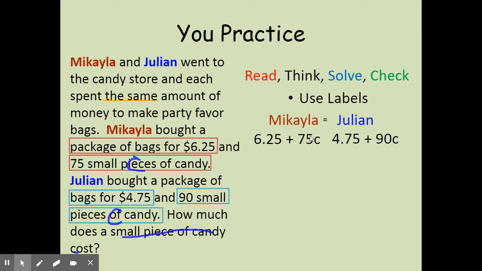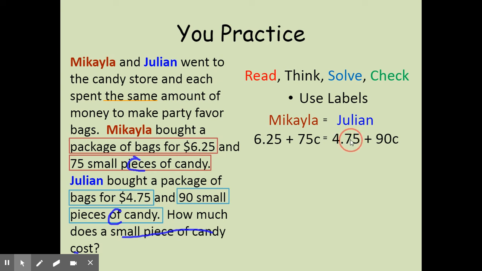And I need to know how much they cost so I can find how much my total is going to be. So how much am I actually going to pay? But you don't have to solve that yet. So she bought bags for $6.25 and she also bought 75 pieces of candy for we don't know how much money.